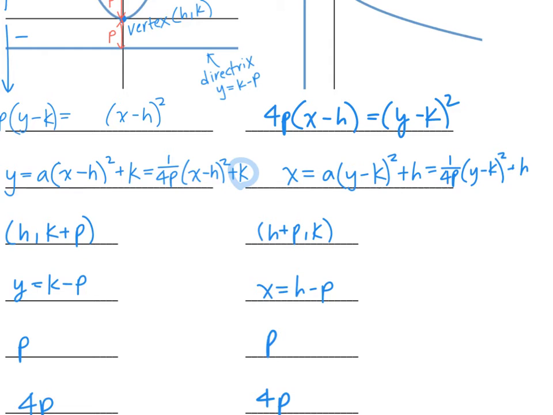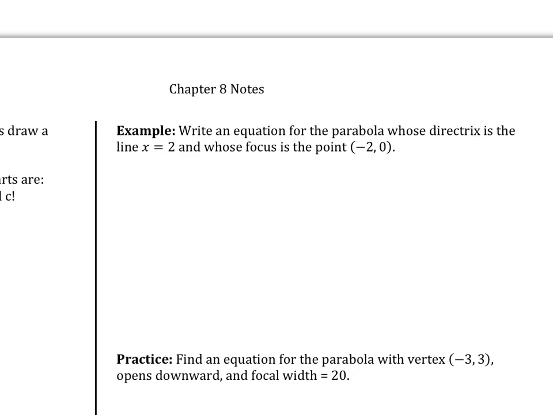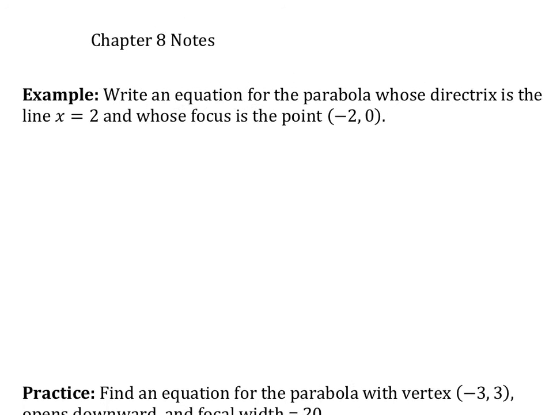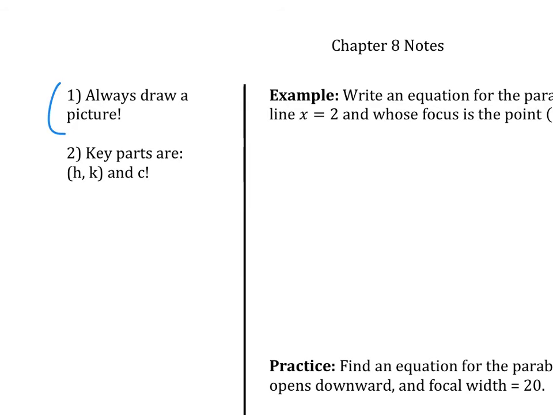Now we're going to find the equation of a parabola from given information. So, write an equation for the parabola whose directrix is the line x equals 2 and whose focus is the point (-2, 0). So first, always draw a picture.